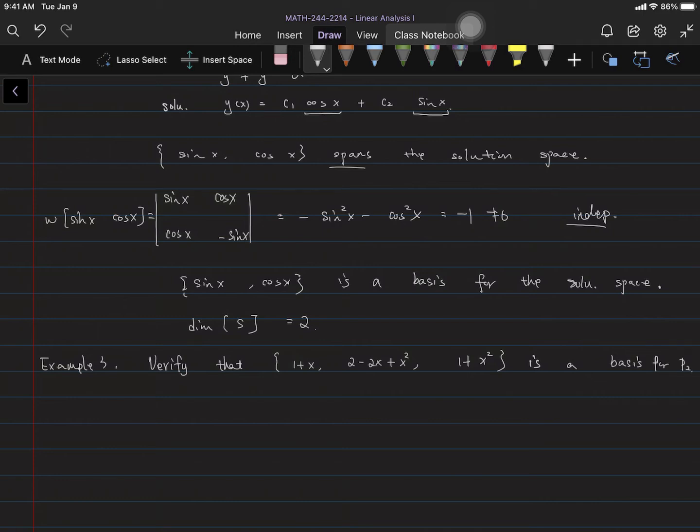We know P2 has dimension 3, and here we have 3 vectors. It can be a basis, but we need to prove it.